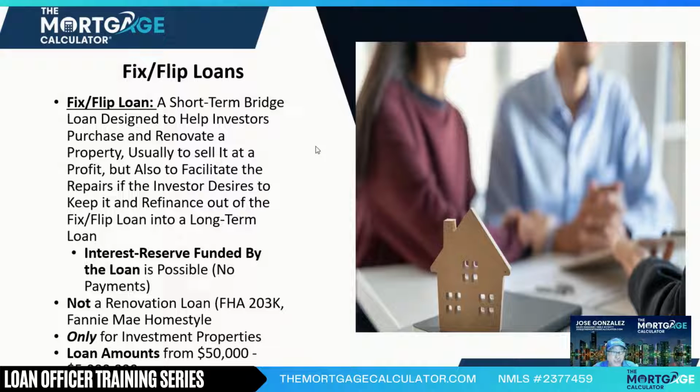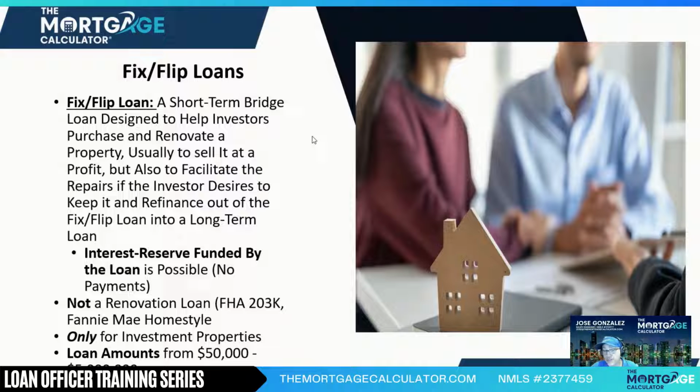It's not a renovation loan because a renovation loan would be like an FHA 203K or a Fannie Mae HomeStyle. Those are renovation loans, and the 203K is for primary residences only. HomeStyle renovation loans are conventional full-term construction-to-permanent loans, usually for owner occupants.